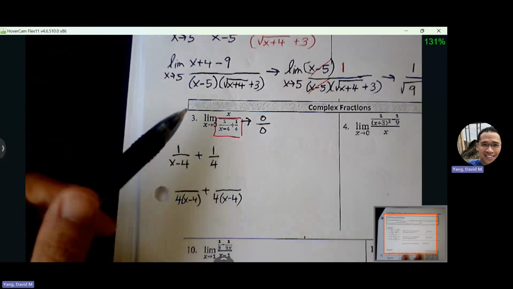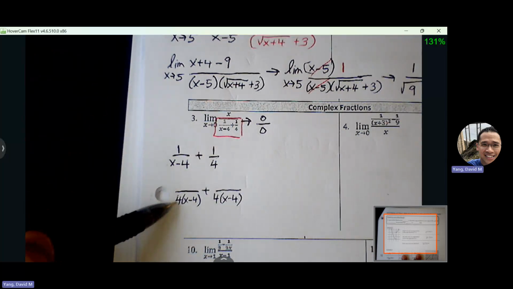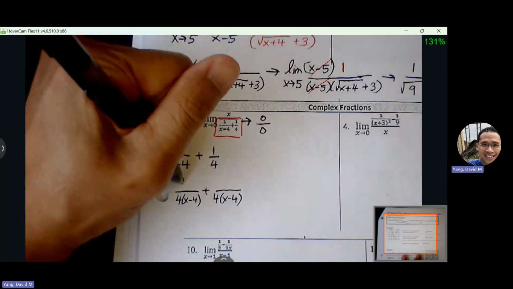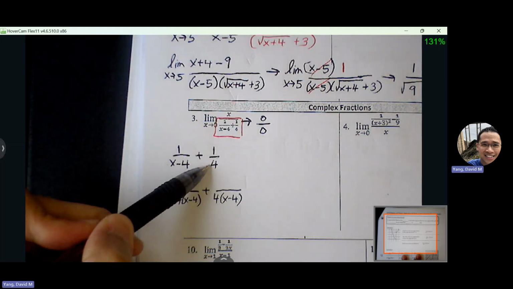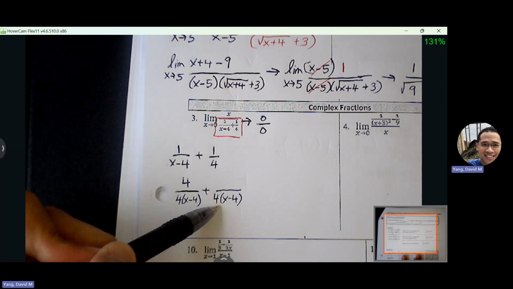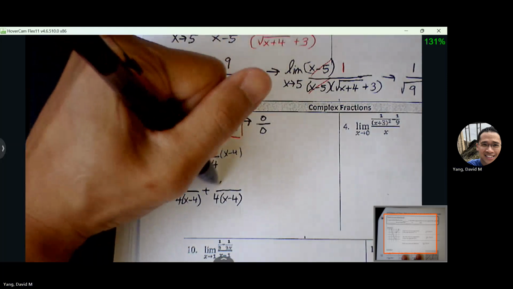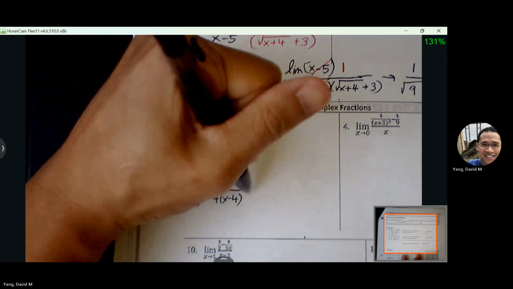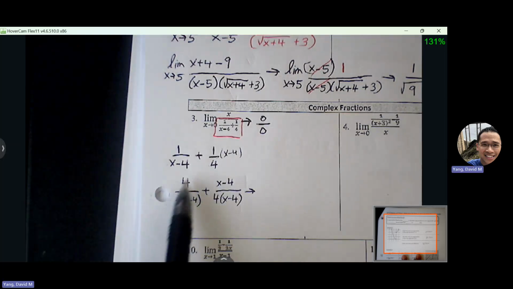And then we're going to balance each fraction. Okay, so this old denominator is missing a 4. So I'm going to multiply the top by 4. 1 times 4 is 4. This old denominator is missing the x minus 4. So I'm going to multiply the top by x minus 4. Now that I have a common denominator, I'm going to merge into the same fraction.